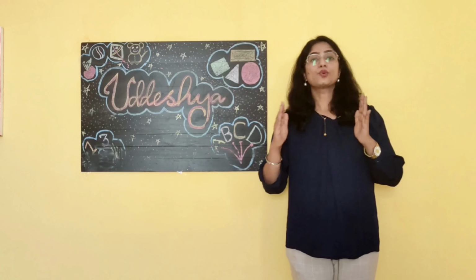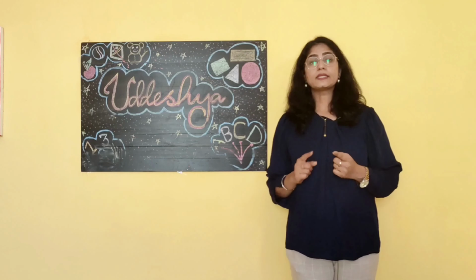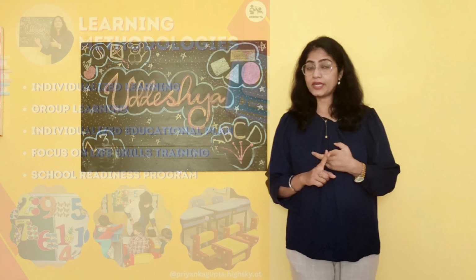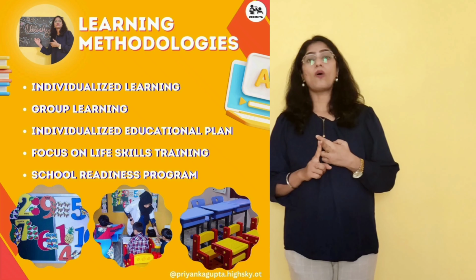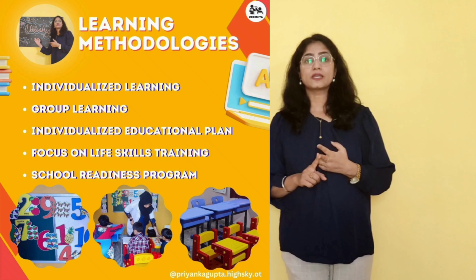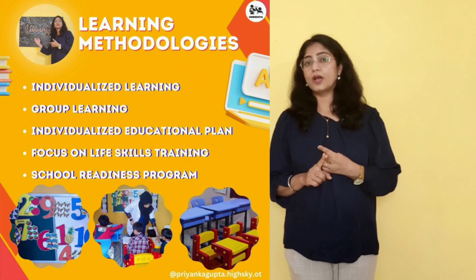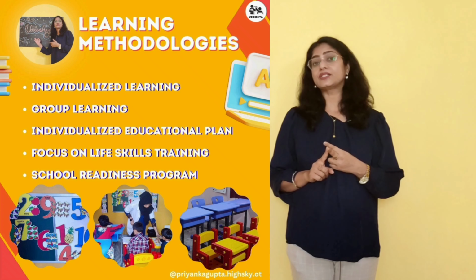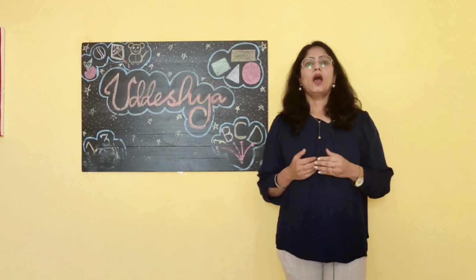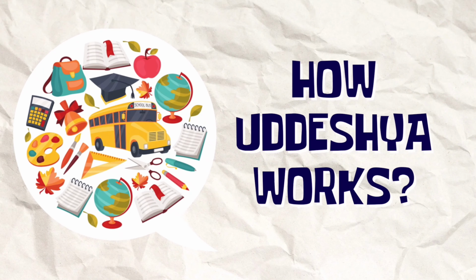All together, Uddeshya is about preschool readiness and developing the various life skills required for a child to live an independent life according to the capabilities and strengths of that kid. How does Uddeshya work?